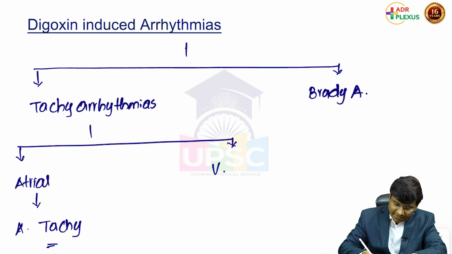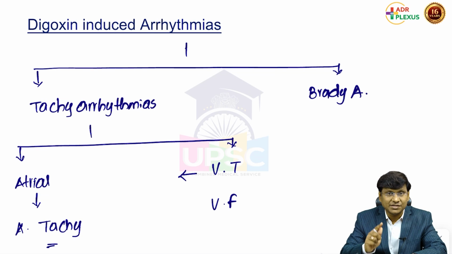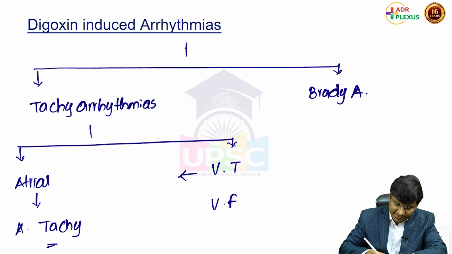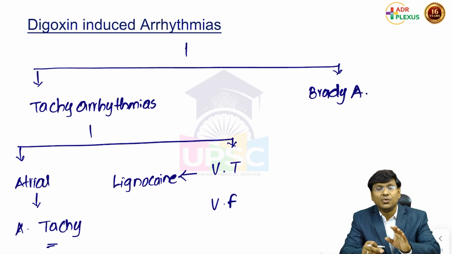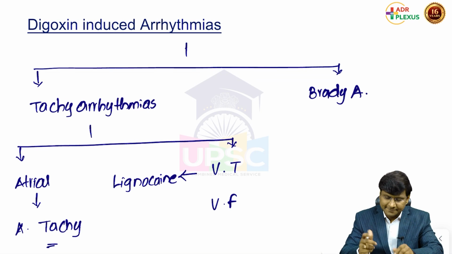The ventricular arrhythmias associated are ventricular tachycardia and ventricular fibrillation. In case of digoxin-induced ventricular tachycardia, the drug of choice is lignocaine.